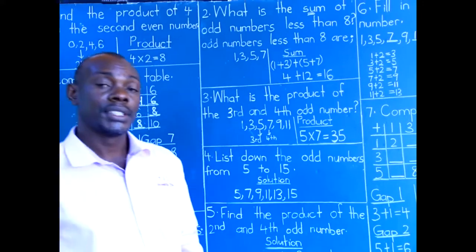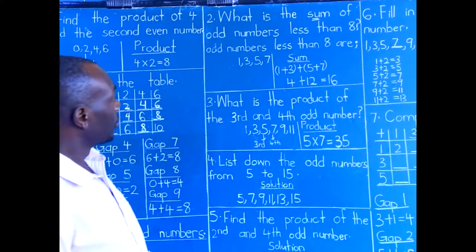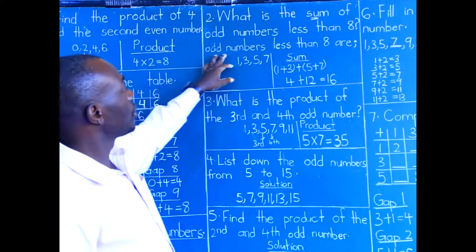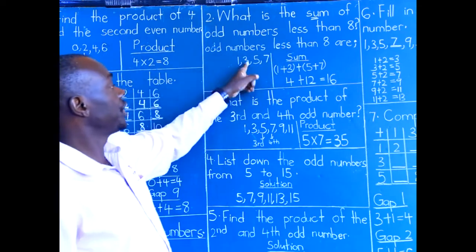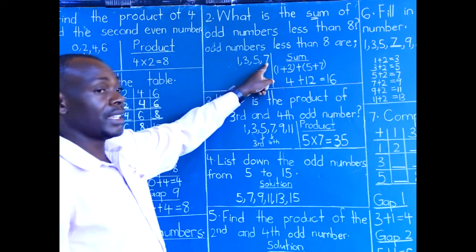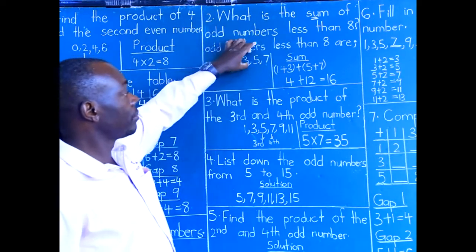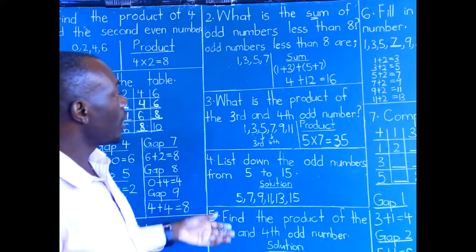Sum means the result after adding 2 or more numbers. Now, identify the said odd numbers less than 8. They are 1, 3, 5, 7. Now you are asked for the sum. After identifying them, sum them up, total them up, or add them.